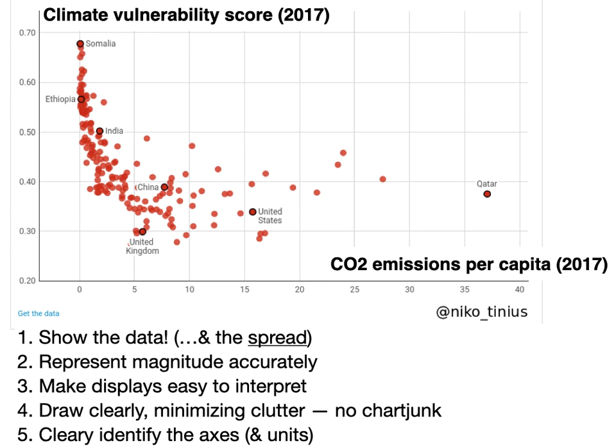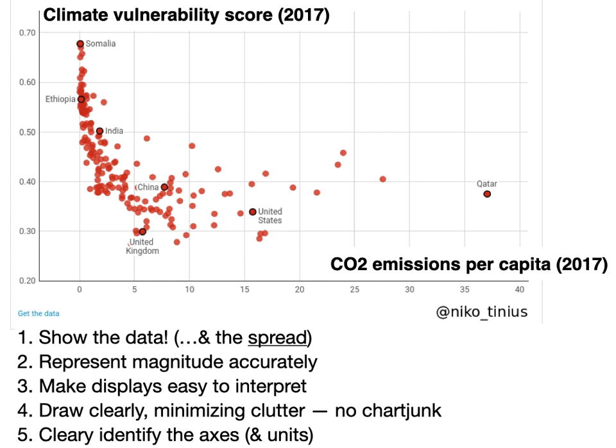And another really interesting graph showing data from countries around the world. So each data point is a country, and we're looking here at climate vulnerability scores in relation to the carbon dioxide emissions by people in that country per capita. So climate vulnerability is some kind of score that has to do with how affected by climate change the people in that country are going to be.